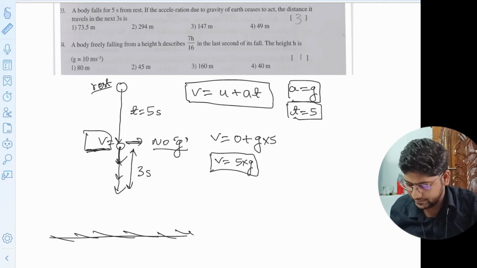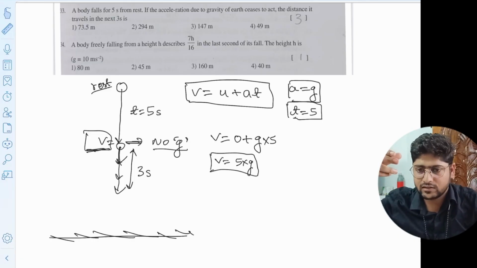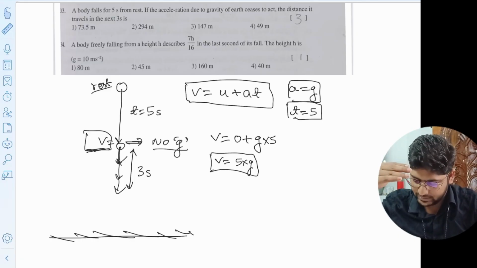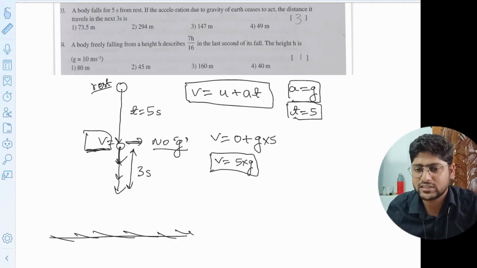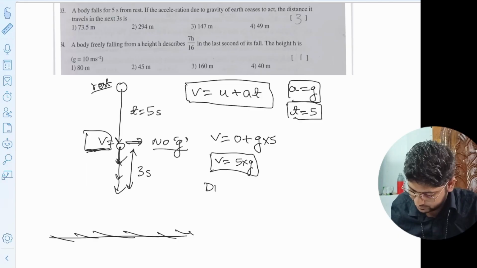After that, it is saying gravity ceases, which means gravity will stop at that time. So for the 3 seconds, how much distance will it travel?